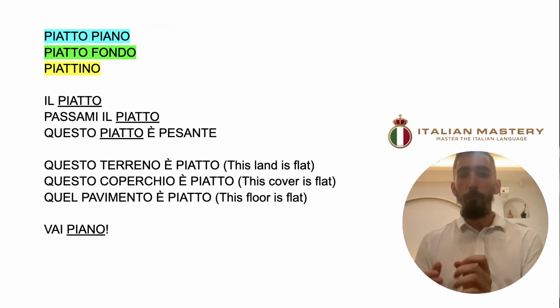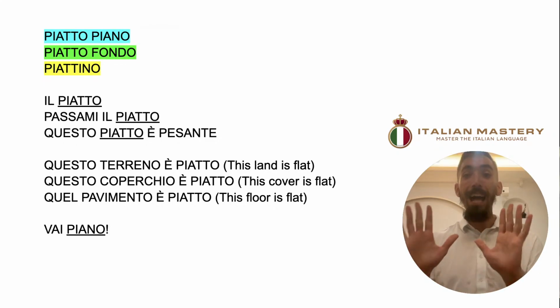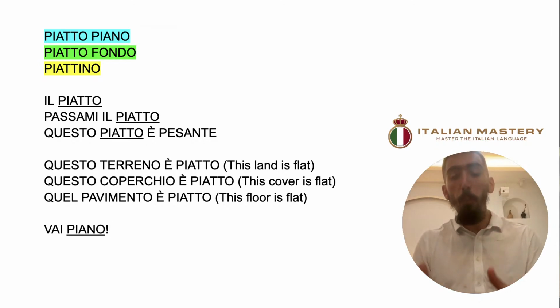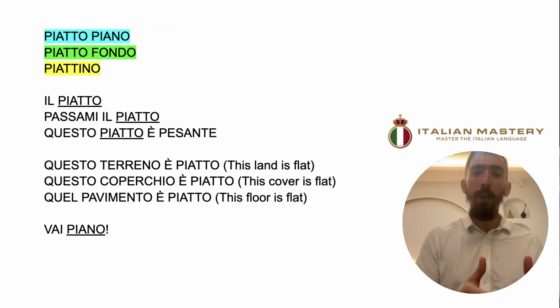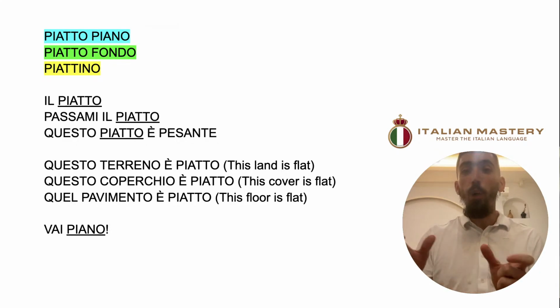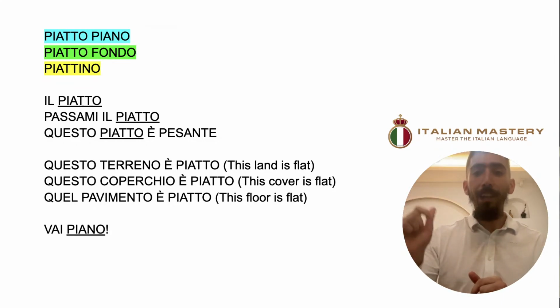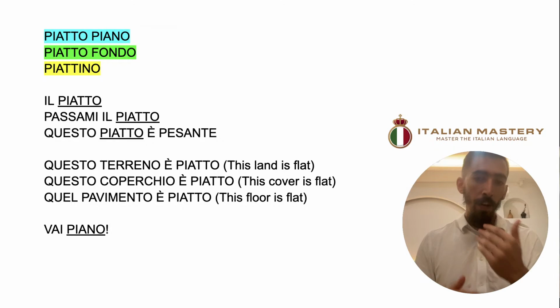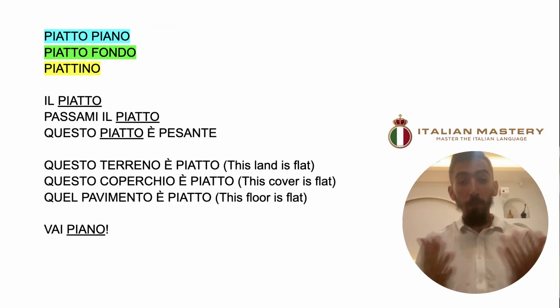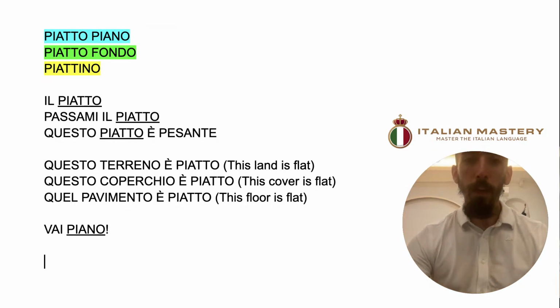Go slowly. It's an adverb. It gives more information about a verb, right? Vai piano. Go slowly. Do this quickly. Do this slowly. These are adverbs. So we've seen that piano can be an adverb, but it can also be an adjective.